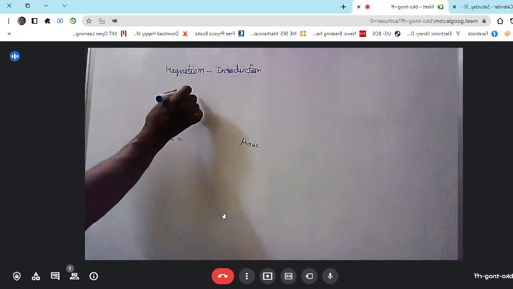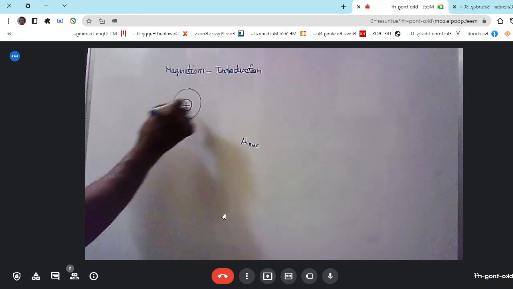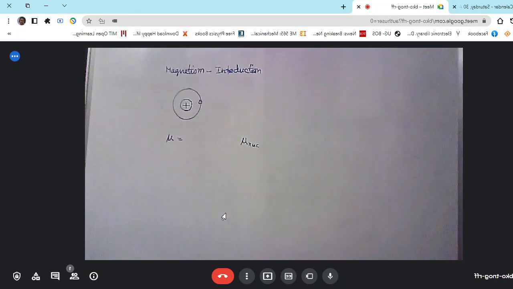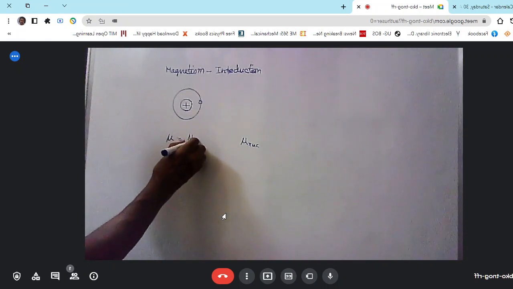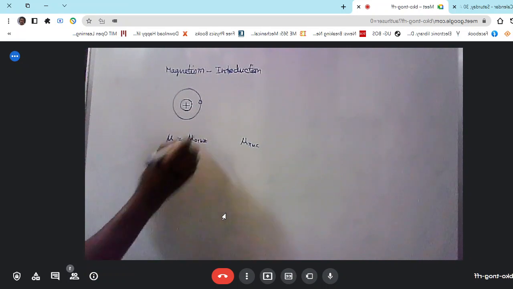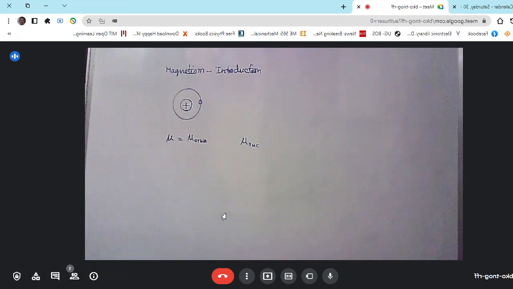Now our next current is the atomic electron. These atomic electrons revolve around the nucleus in circular or elliptical orbits, so it constitutes some kind of current, and therefore it gives rise to some magnetic moment. I have designated this by mu orbit, that is the orbital electrons. They constantly revolve around the nucleus.